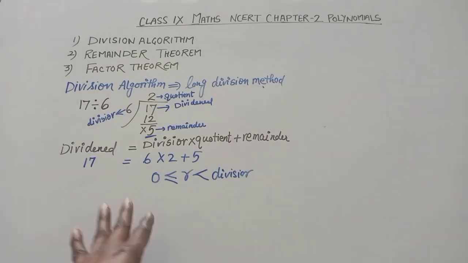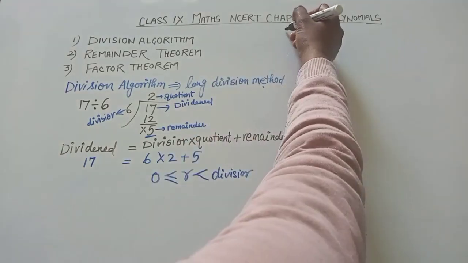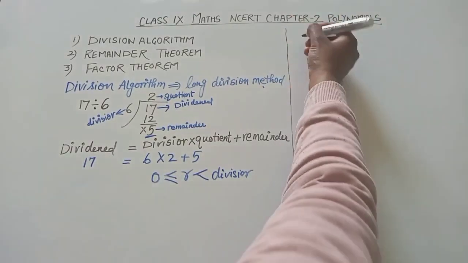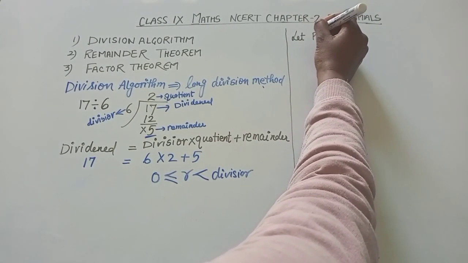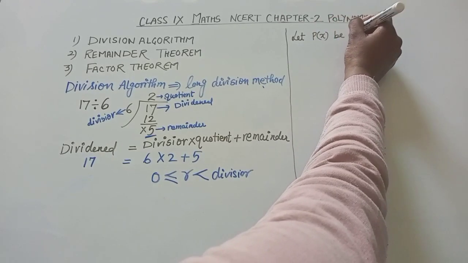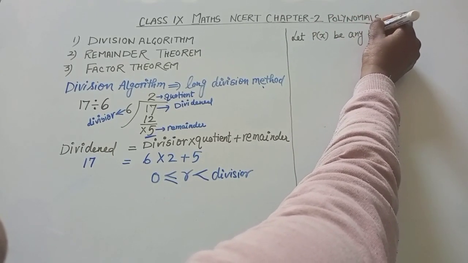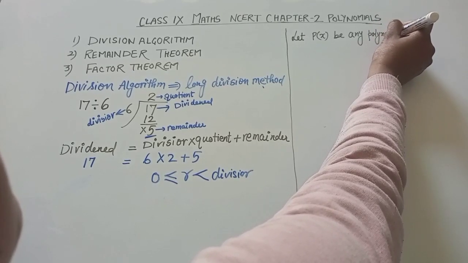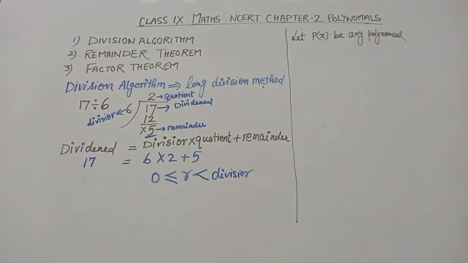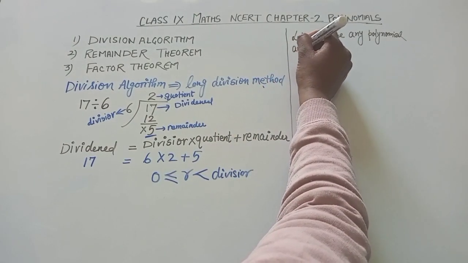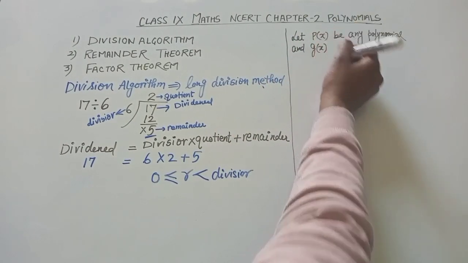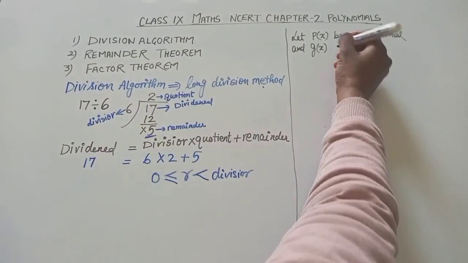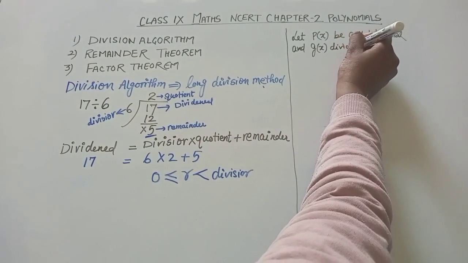So division algorithm in polynomial form: let p(x) be any polynomial and g(x) is also a polynomial which divides p(x).